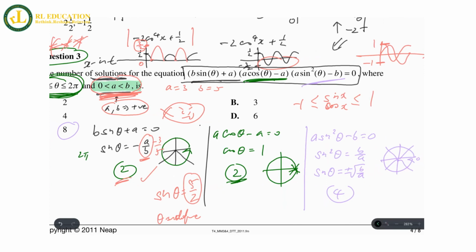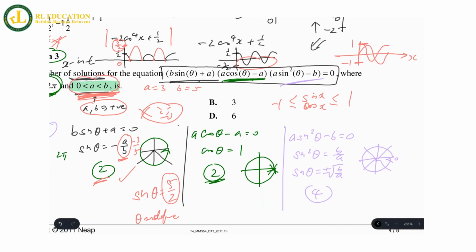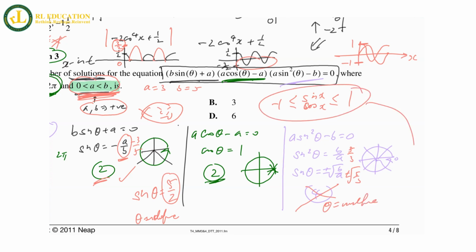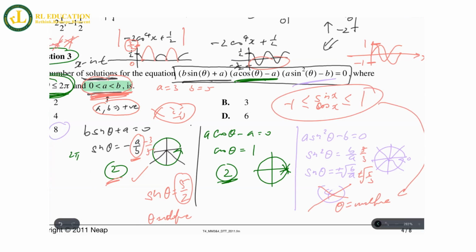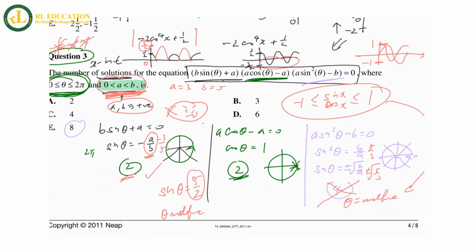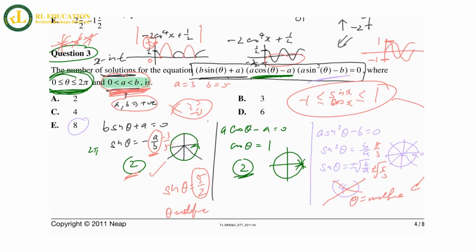But for this one, 5 over 3, square root of 5 over 3, plus or minus doesn't matter, you got none. Theta is undefined because it doesn't satisfy this. Can you note that down? This is not so rare, but it's not a daily, typical trap.